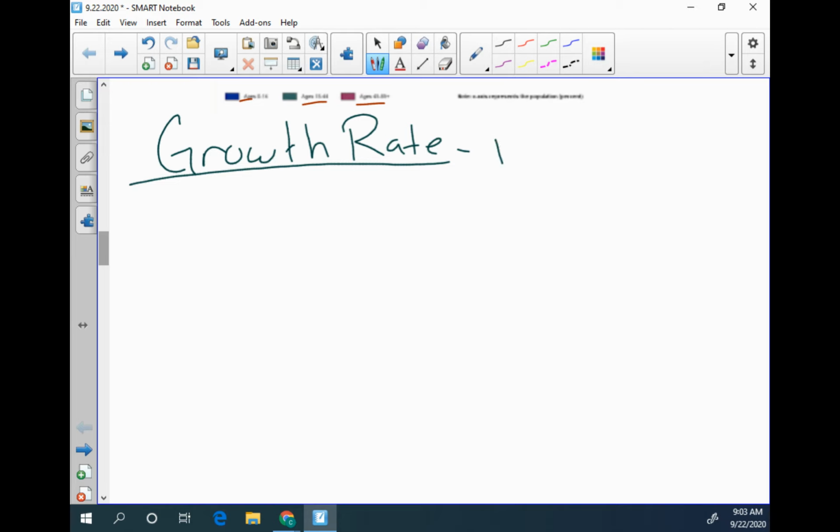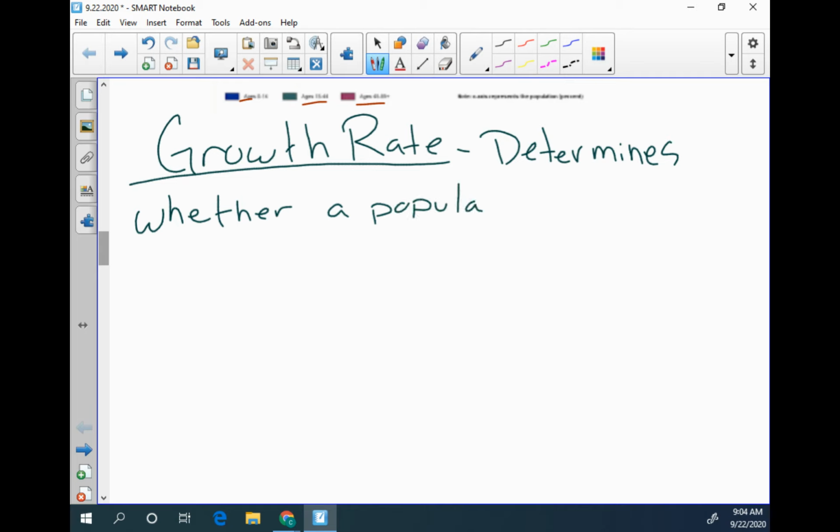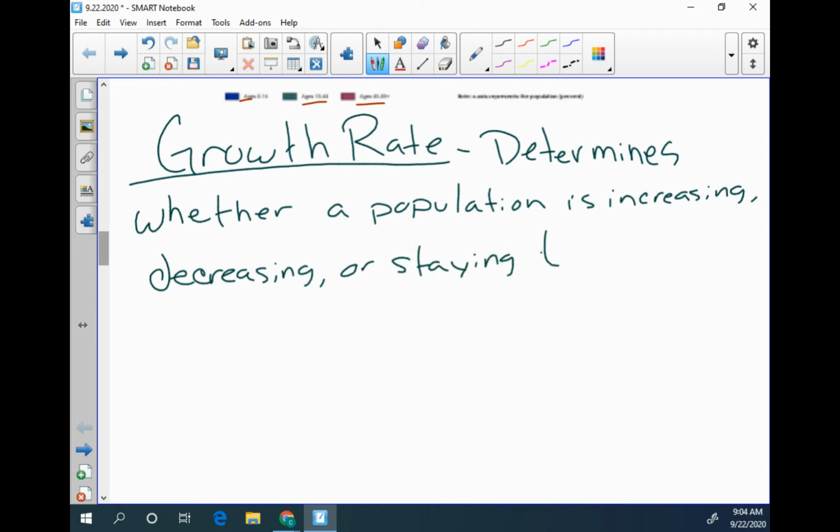The growth rate determines whether the size of a population is increasing, decreasing, or staying the same.